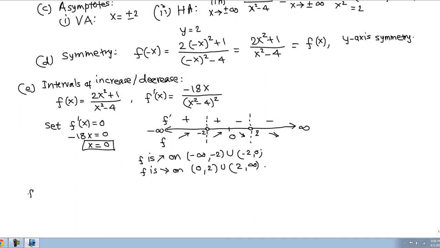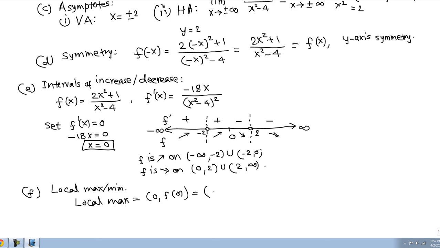And in part f, we are supposed to find the local maximum and minimum. Looking at this interval test, the function is going up, up, down, down. So it's up, down. So we have a local maximum at 0. Local maximum occurs at 0, and the value is f(0).